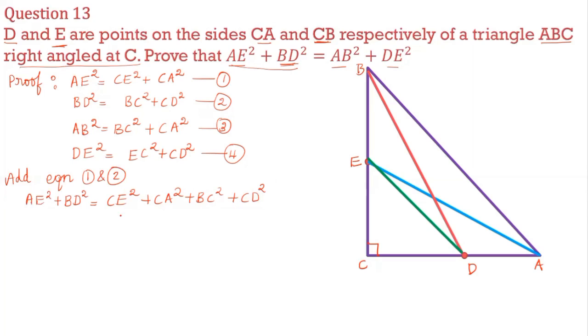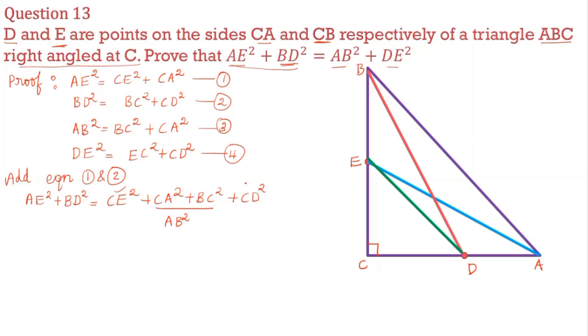Now look at equation 3. AB square is equal to BC square plus CA square. So BC square plus CA square can be written as AB square. And look at equation 4, where DE square is equal to AC square plus CD square.